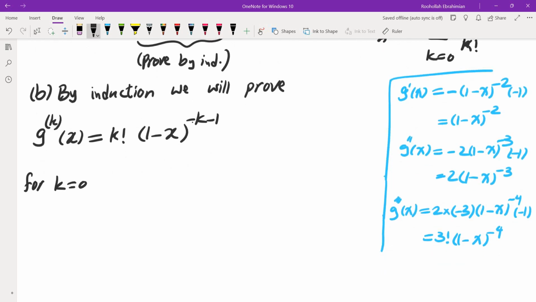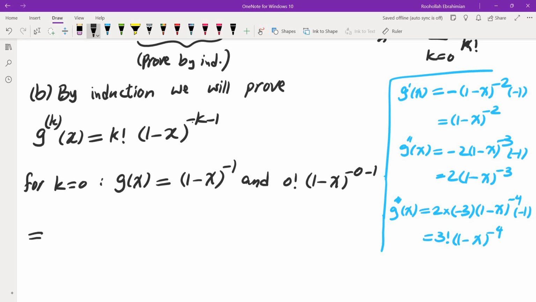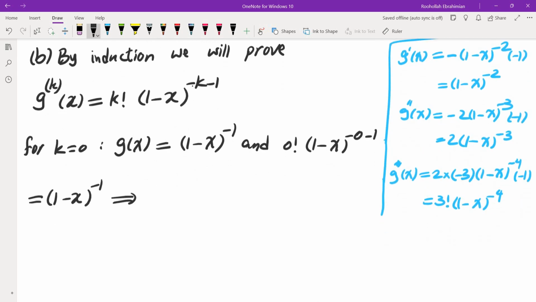For k equals 0, g of x is (1 minus x) to the power of -1, and 0 factorial times (1 minus x) to the power of -0 minus 1 is also (1 minus x) to the power of -1. So that means the basis step is proved.